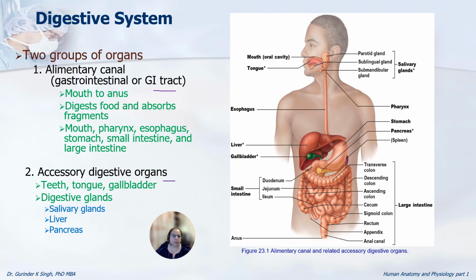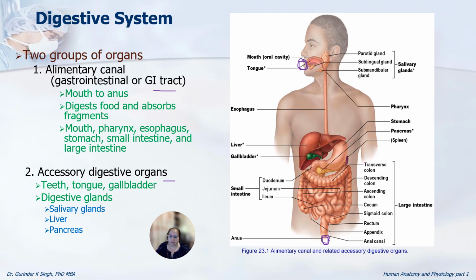So let's look at what is in the GI tract. The GI tract starts from the mouth. The mouth cavity is here. It starts from the mouth and goes to the anus. It's a long tubular structure, so both ends are open.